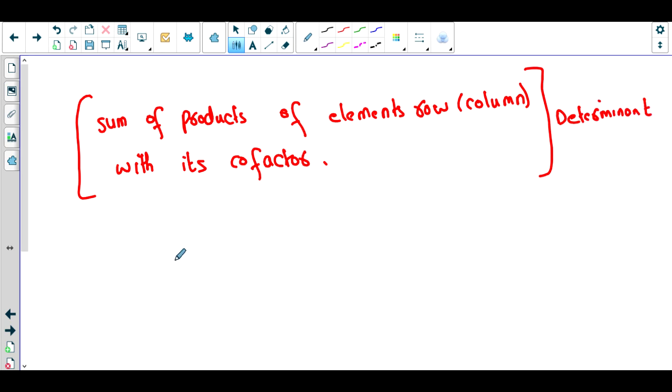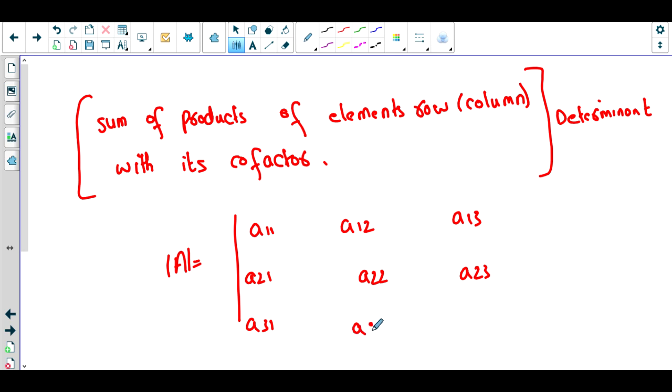For example, we have a matrix A, and we want to find the determinant of A, which is A11, A12, A13, A21, A22, A23, A31, A32 and A33. It is a sum of products of elements of a row or column with its cofactor.